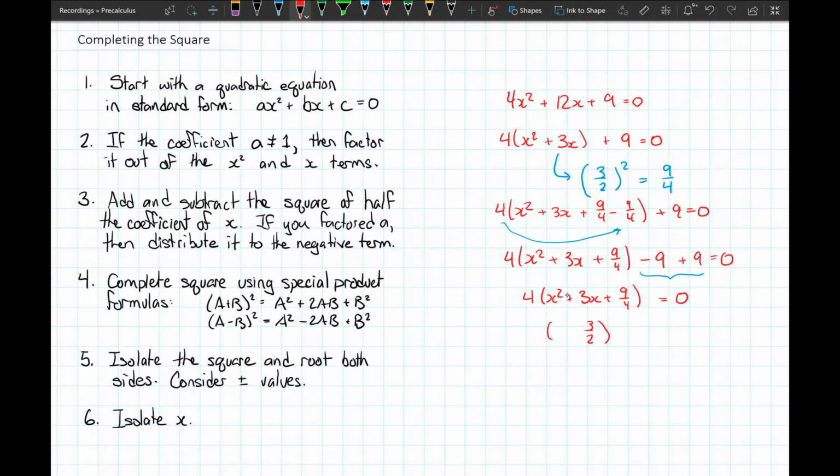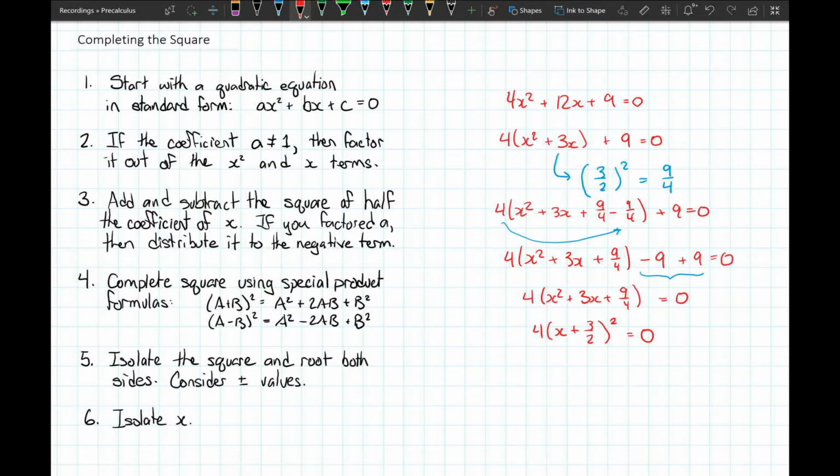And at the beginning here we have x squared. That would be like the a squared, and so that would just be x. And then the middle term here is going to be double the product, which is double of 3 halves. So it does actually match up perfectly with this form. You can double check by foiling that back out again, and it does in fact end up becoming x squared plus 3x plus 9 over 4.